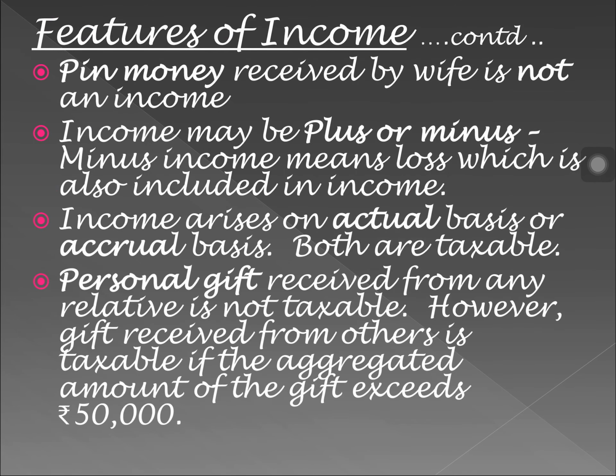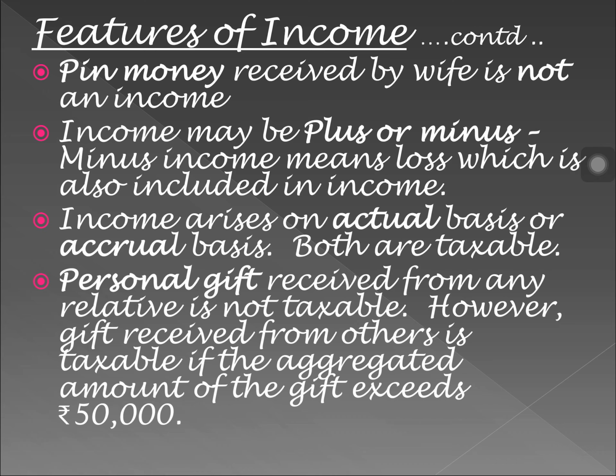Pocket money received by wife is not an income. Income may be positive or negative. Negative income means loss, which is also included in income. Income arises on actual basis or accrual basis, both are taxable. Personal gift received from any relative is not taxable.